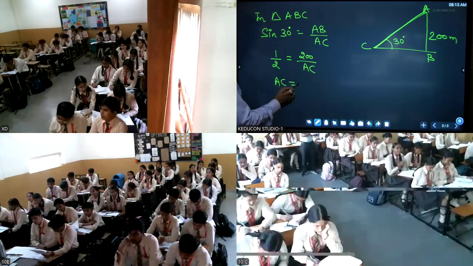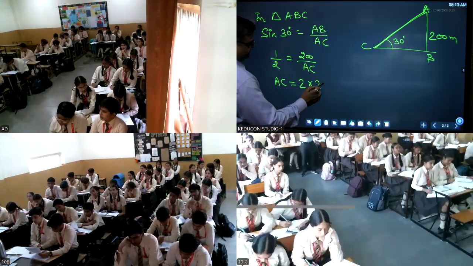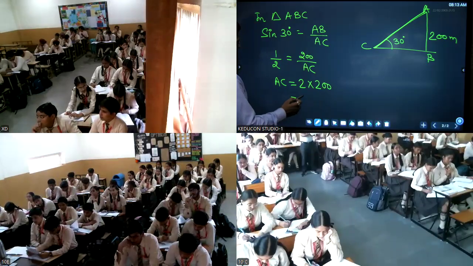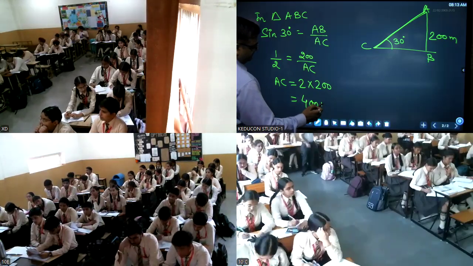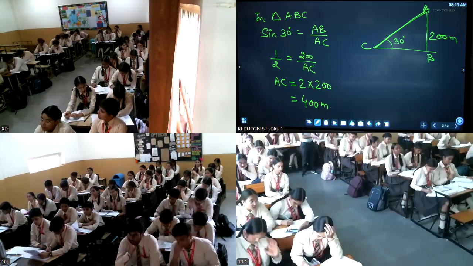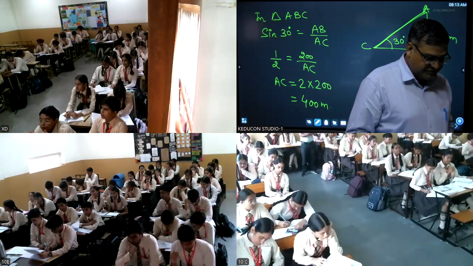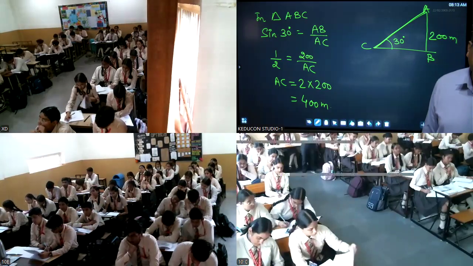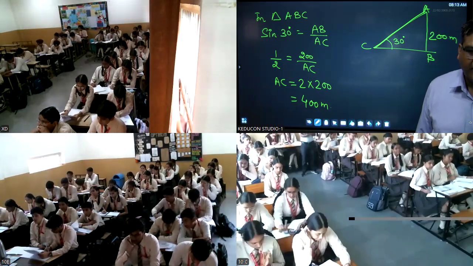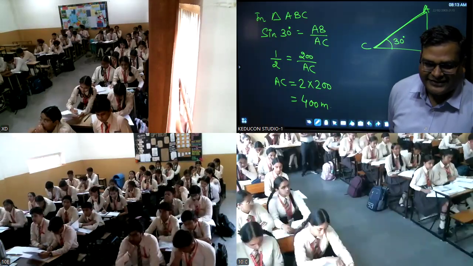So AC comes out to be 400 meter. Right? Third part is, okay, they have only two parts. Is this clear? Both the questions? Any doubt to any students in 10C?